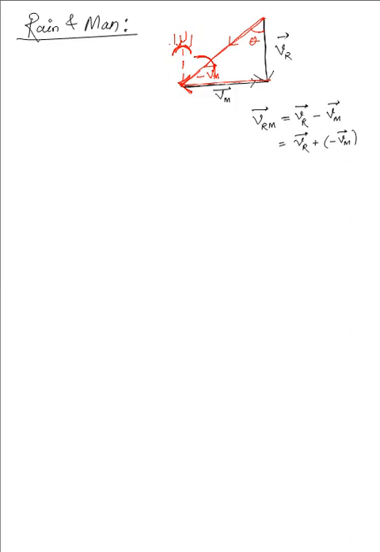We are supposed to determine the angle to which the umbrella must be bent. Obviously, as you can see, these two lines are parallel, so this angle has to be theta, that is the angle with which he observes the rain to be falling onto him. He must bend his umbrella at an angle theta from the vertical.